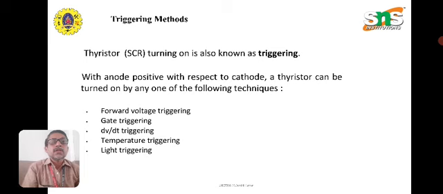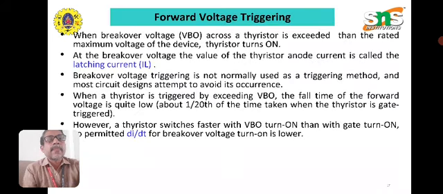Similar to dV by dt, temperature triggering is also there, meaning you have to give a small spike of temperature. Similarly, light triggering is also there. You have to give a small pulse of light, which is sufficient to reduce the J2 junction depletion layer. These are all the methods to turn on a thyristor.